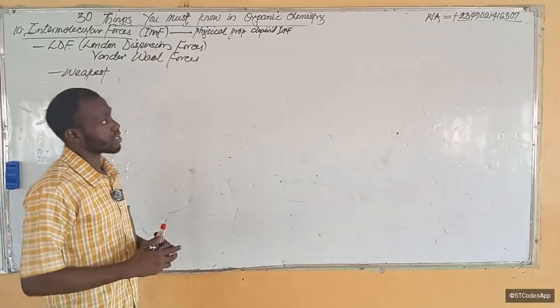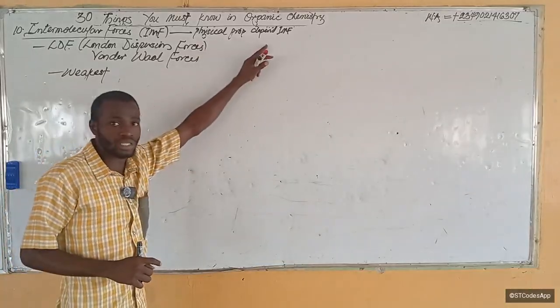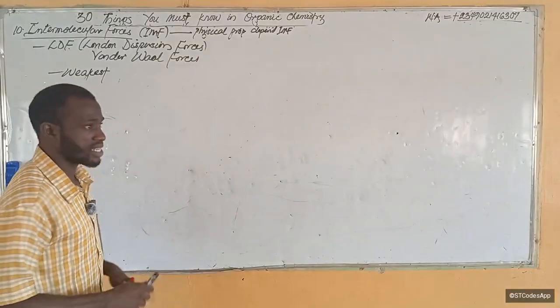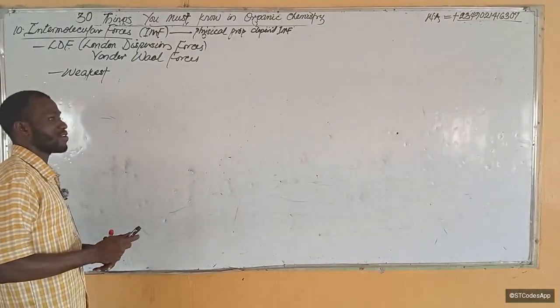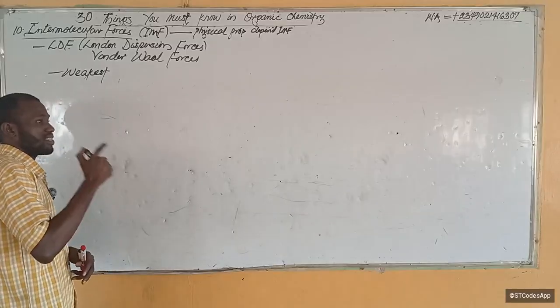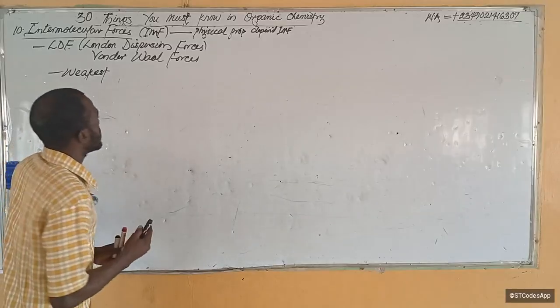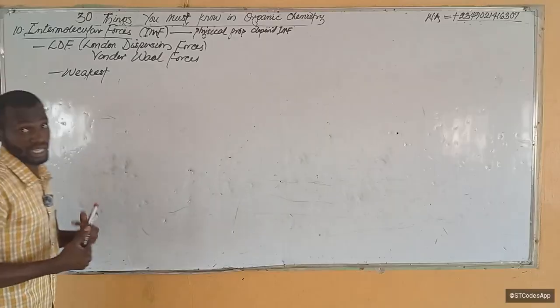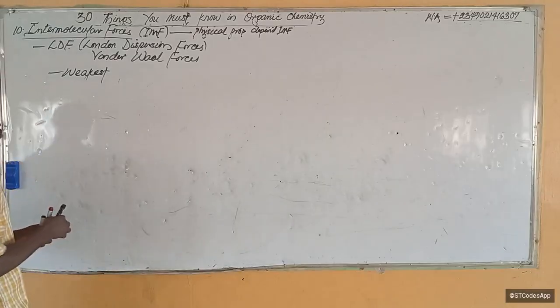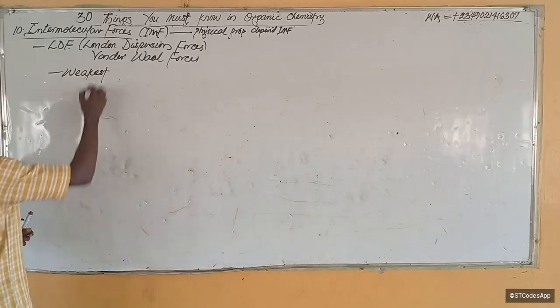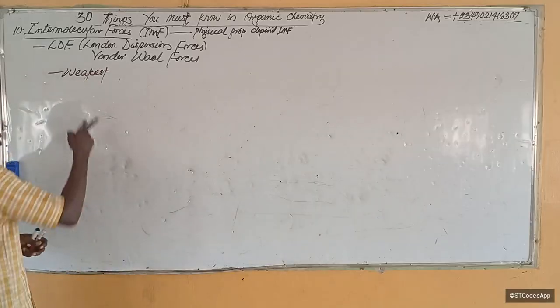In fact, they don't even depend on the covalent bond. They primarily depend on the intermolecular force. So that's why we are studying it, and you will soon see the effect, what I mean by that.